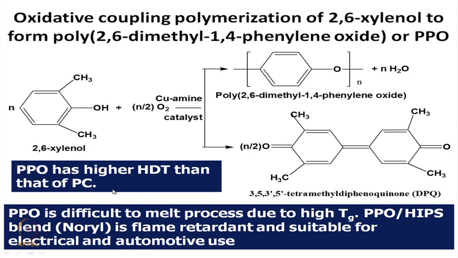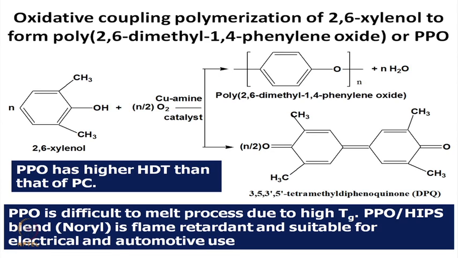But although the heat distortion temperature is high, such polymers, polyphenylene oxide, are difficult to melt process because the melting temperature is high and they have very high glass transition temperature Tg. In order to overcome such difficulty of melt processing, because processability is another criterion, a polymer can have high performance characteristics, it can be very strong, it can be very stable at elevated temperature, but it should be converted to a product.